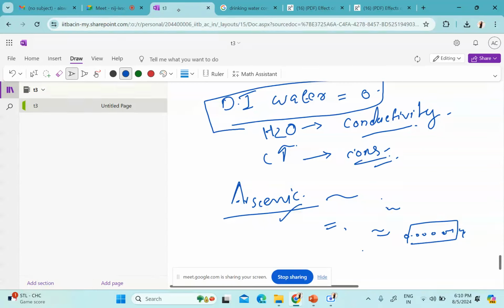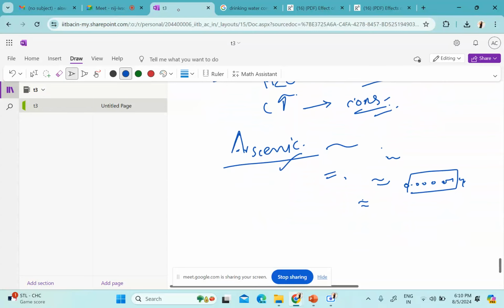But if the concentration is high, coming from different industries or other sources and accumulating in the drinking water in a higher amount, then it becomes a contaminant.